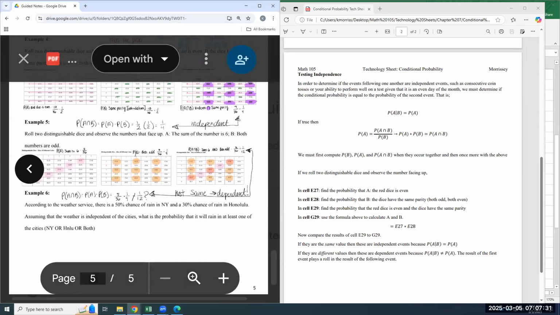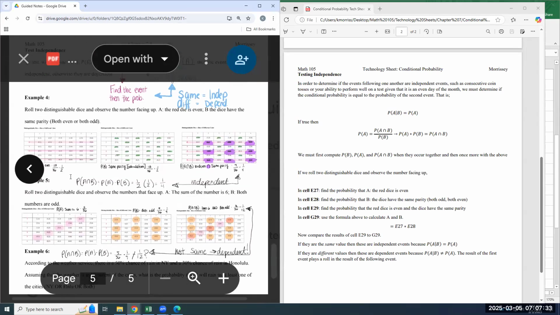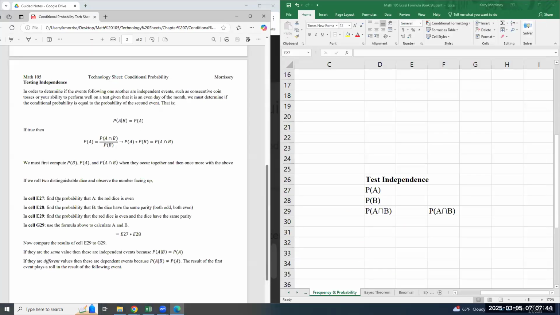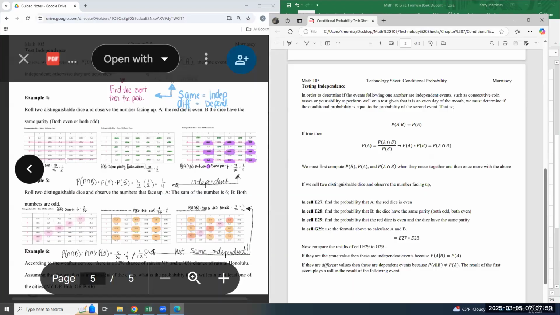To test your independence, we can have different outcomes that we're looking for. So for us, we're rolling two distinguishable dice and observing the number facing up. Find in cell E27, so that is right here, the probability that the red dice is even. So that would have been right here.